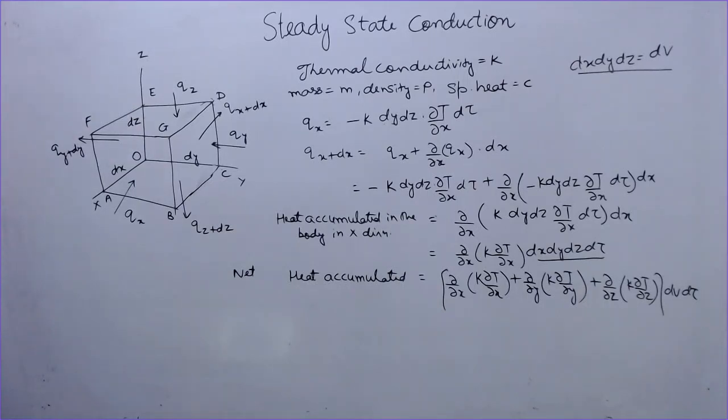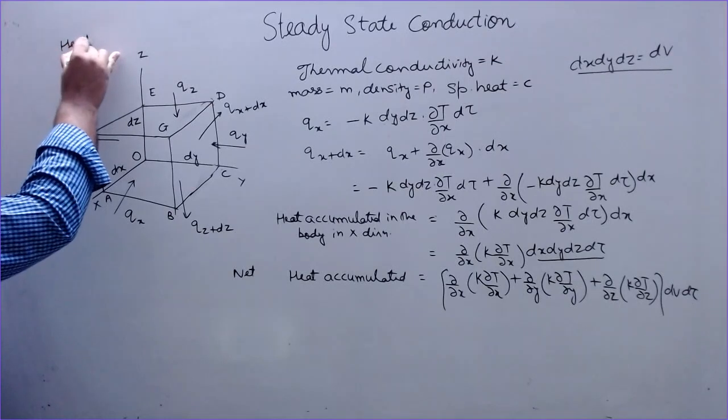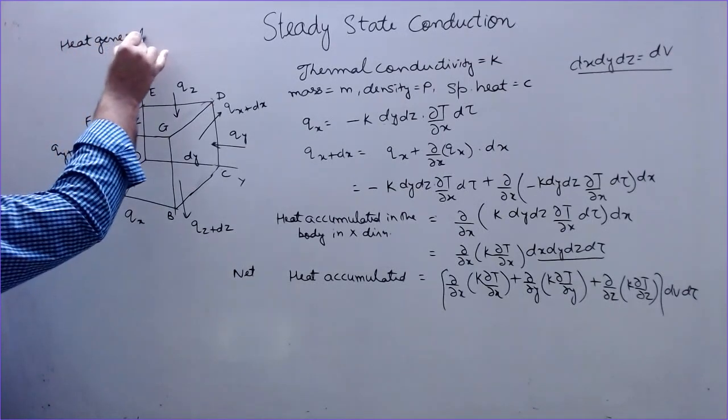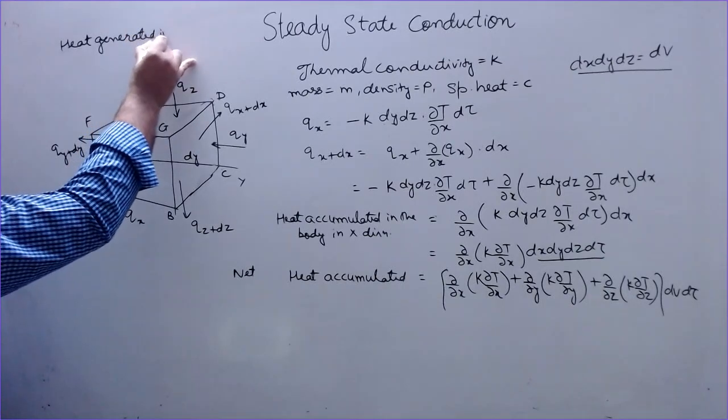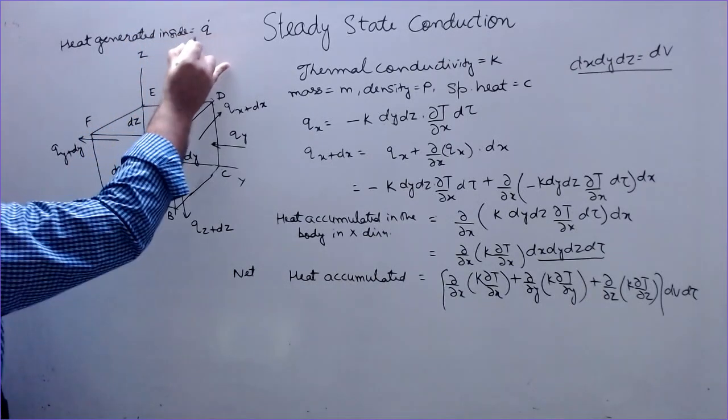Now what happens because of this? The heat which is accumulated, the temperature of the body will increase. Suppose the body is also generating heat. Heat generated inside the body is equal to Q dot.